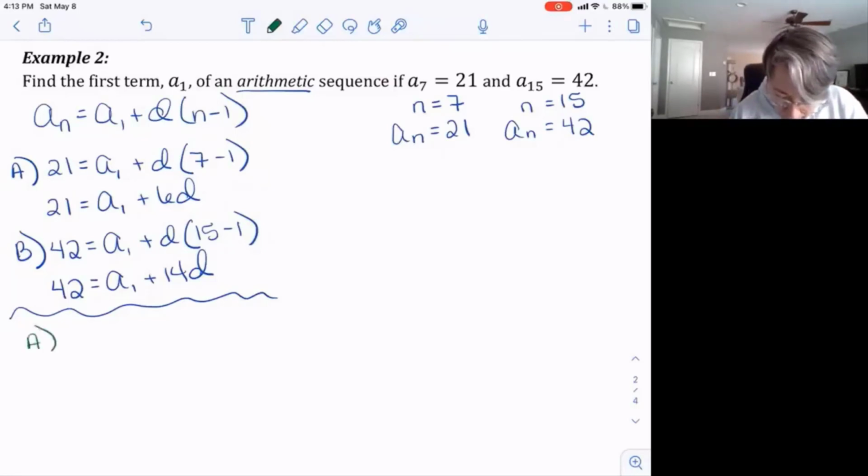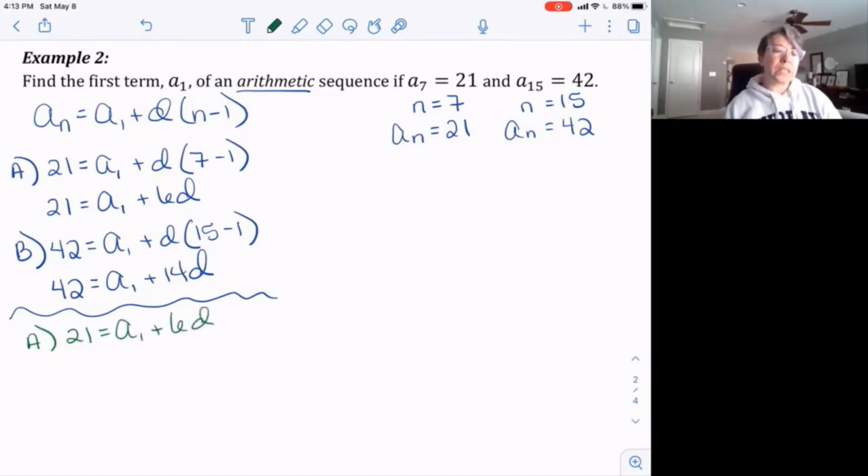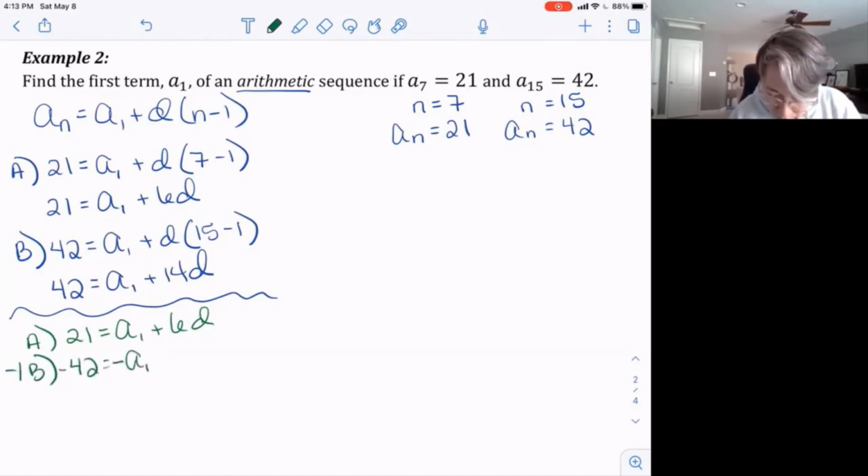So equation A, again, we have 21 equals our first term plus 6d. Equation B looks the same, so we can actually reduce our a sub 1s. If we multiply equation B by a -1, that would give us -42 equals negative a sub 1 minus 14d.